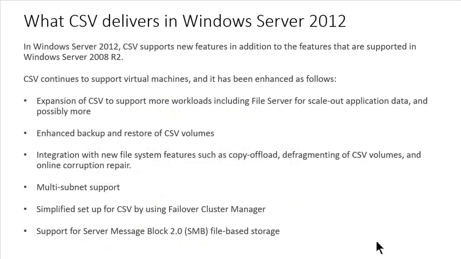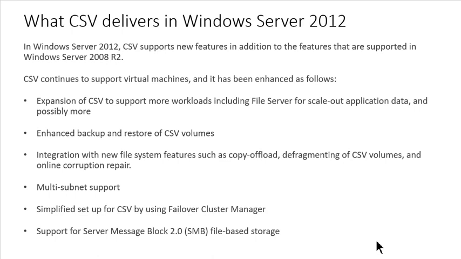What CSV delivered in 2012 and what enhancements we have. In 2012, CSV supports new features in addition to the features we already know about from 2008 R2. CSV continues to support VMs and has enhanced the following features.